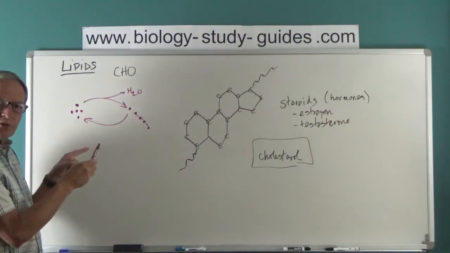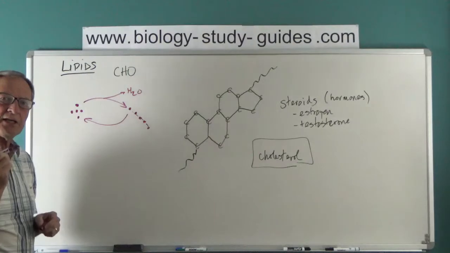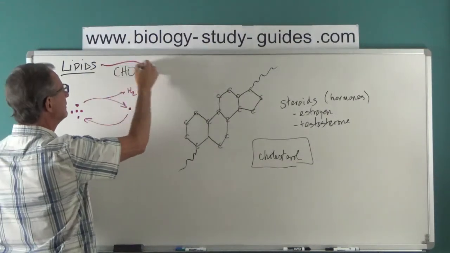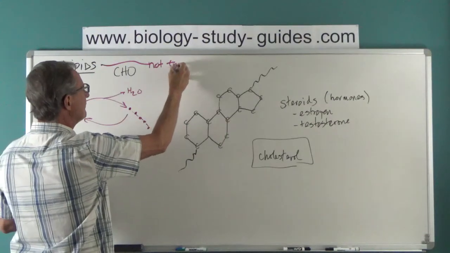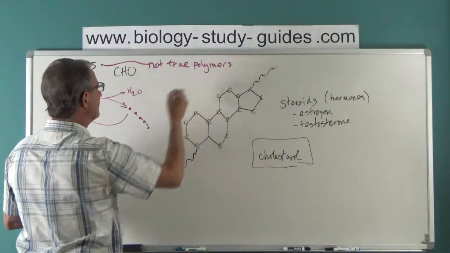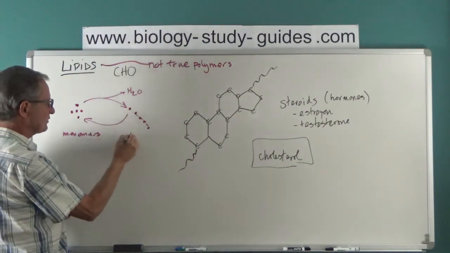We did this with the fatty acid bonding onto the glycerol molecule, releasing the water. The thing is here, lipids are not true polymers. These are the monomers. These are polymers.